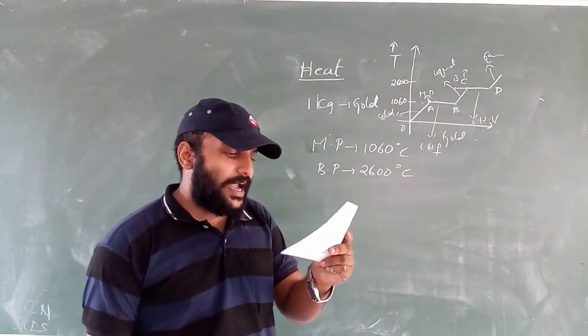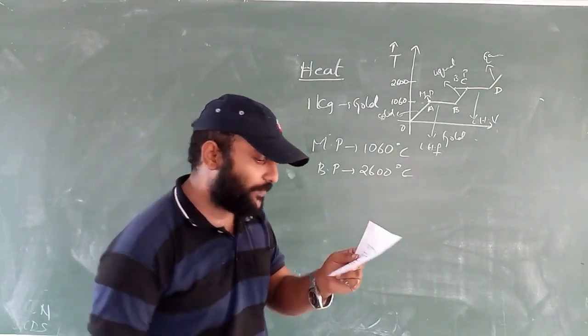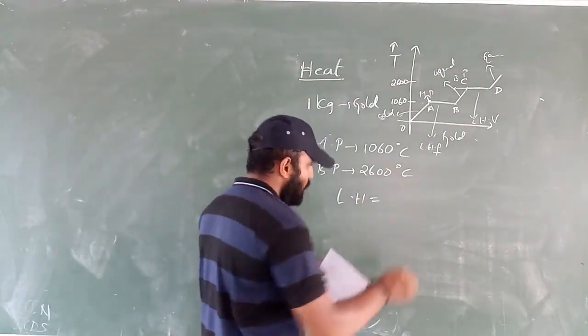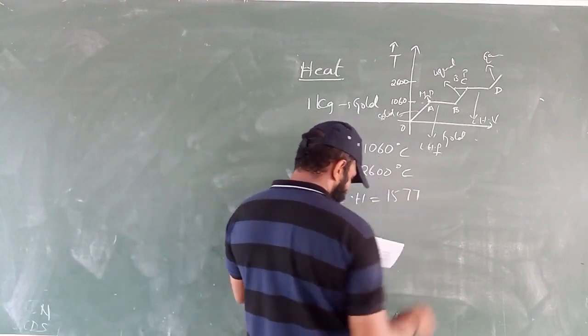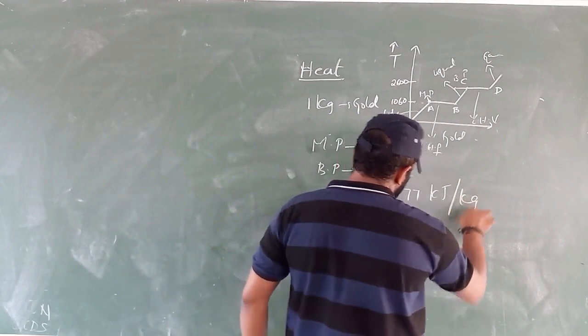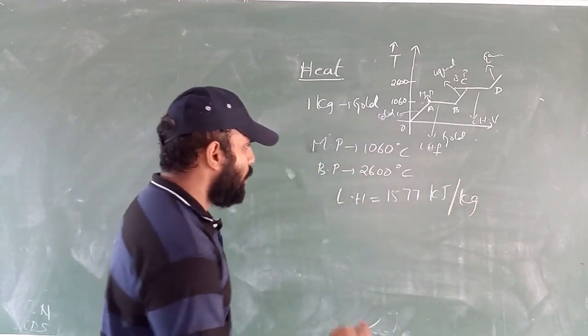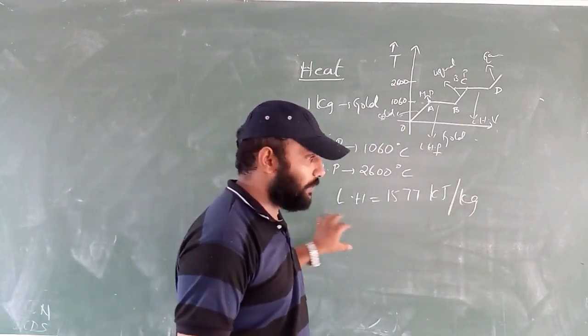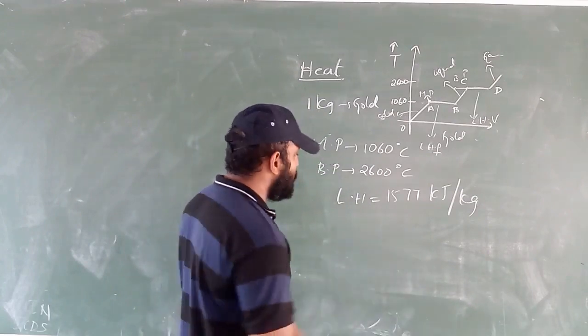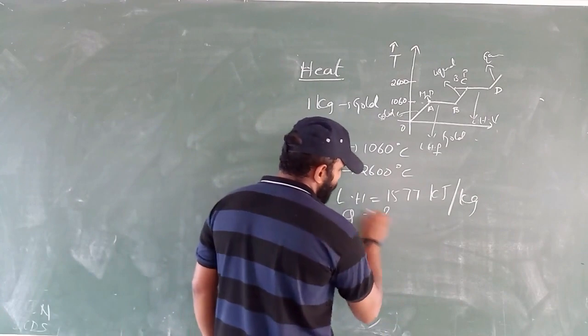Next, the latent heat of vaporization of gold is given. How much value have they given? 1577 kilojoule per kg. They are asking how much heat energy is required, what is the Q value?